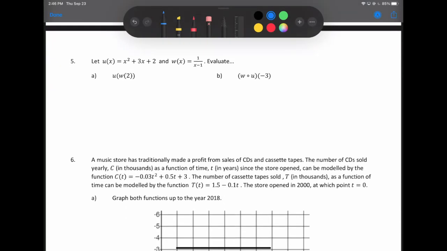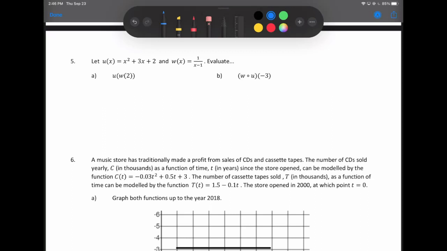Question 5. We have a couple of functions there. u at x equals x squared plus 3x plus 2, and w at x equals 1 over x minus 1. So the first thing we're going to do is evaluate u at w at 2. Now there's a couple ways you could do this one.